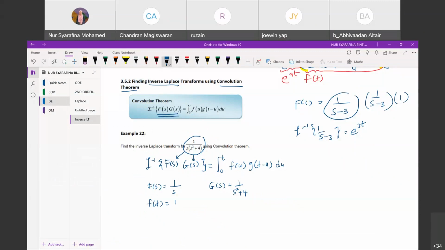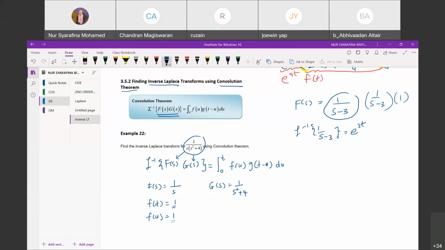When f(t) equals 1, of course f(u) also equals 1 because it is a constant. If f(t) were exponent to t, then f(u) would be exponent to u. But now f(t) equals 1, so f(u) also equals 1. So we settle with f.